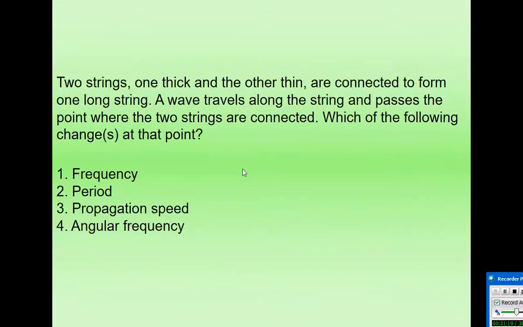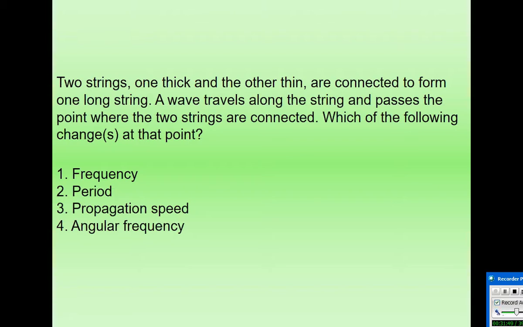Take a look at this conceptual question. We have two strings, one is thick and the other is thin, and we connect them end to end to form one long string. We send a wave down the length of that combined string. So it's going to start at the thin, and then it's going to pass from the thin to the thick, or maybe we started at the thick, and then it's going to reach that junction going from the thick to the thin.